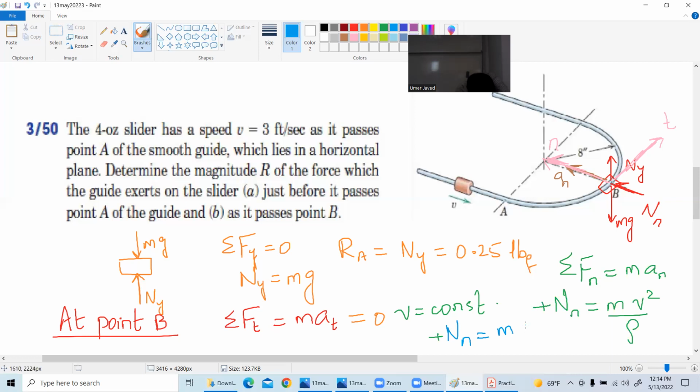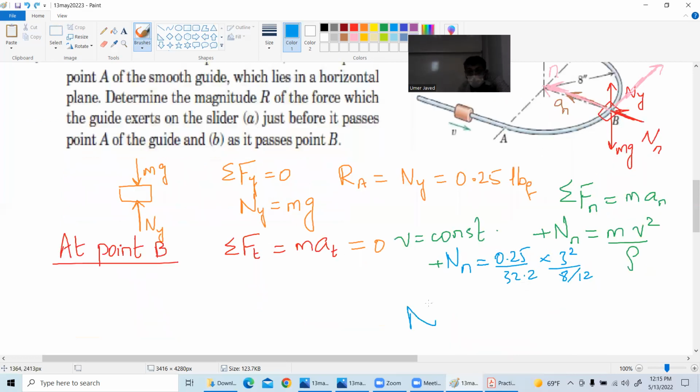So let's assume 3 square, 0.25 divided by 32.2. What is the value of v? 3 square divided by 8 divided by 12, that is 105. Good, his answer is correct. Nn comes out to be 0.1048 pound force.